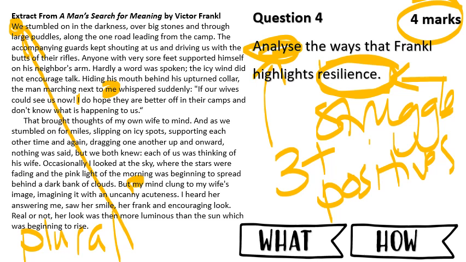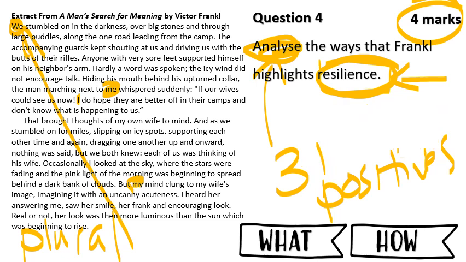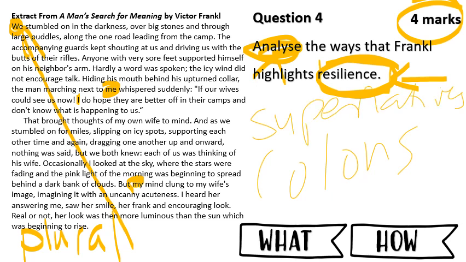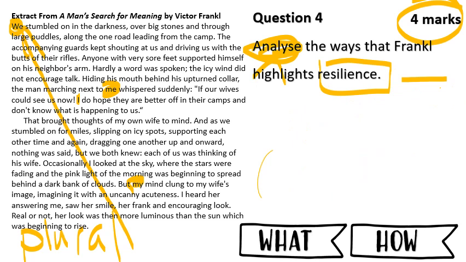Maybe you want to talk about the tone. What's the tone of this? Maybe you want to pay attention to the syntax, the punctuation, the use of colons, or his language, his superlatives, or you might want to pay attention to his use of sensory imagery.